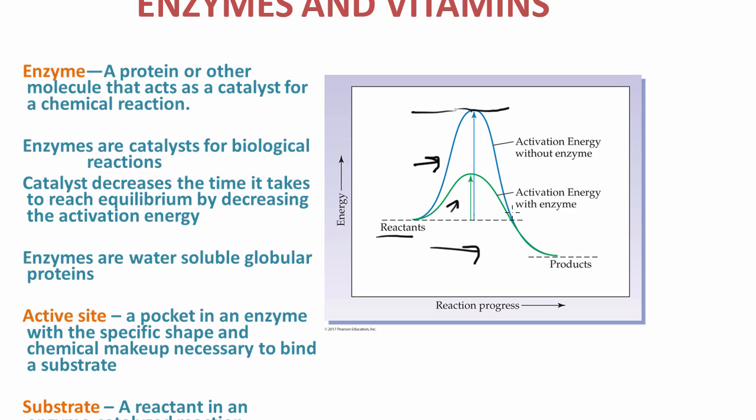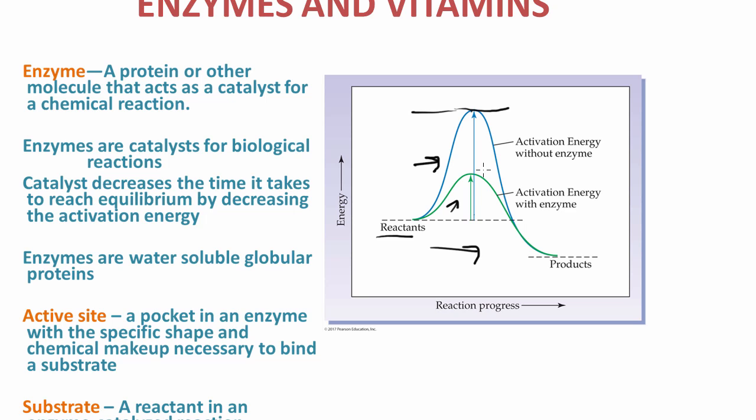And for the catalyzed reaction, we see the activation energy is lowered. So a catalyst provides an alternate pathway for the reaction to occur. So the reaction will be faster, and it's faster because the activation energy is lowered.